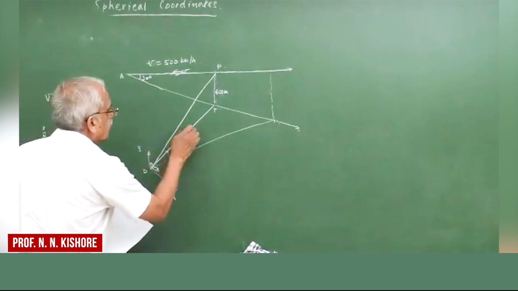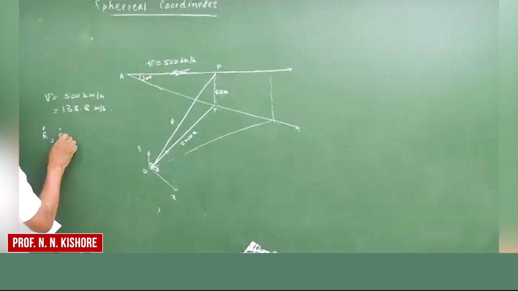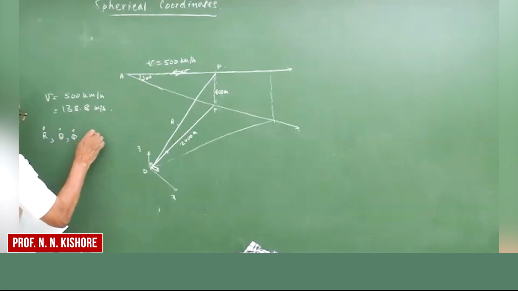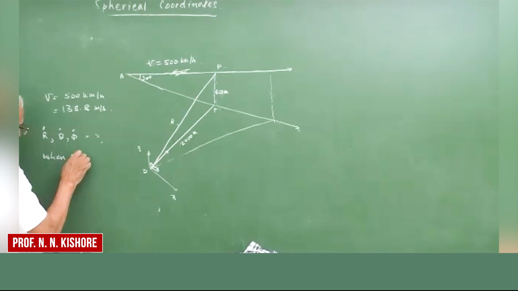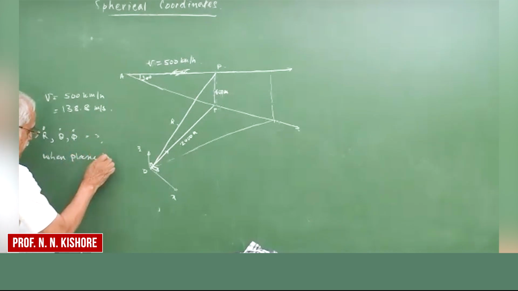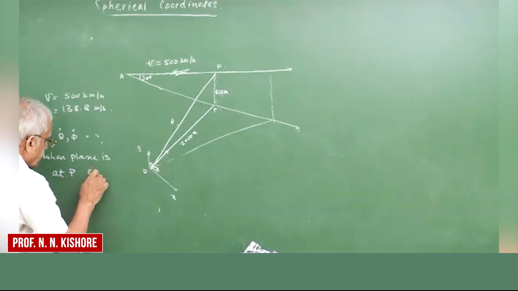So if this is r and theta dot, I'll tell you what these are, when the plane is at P exactly.